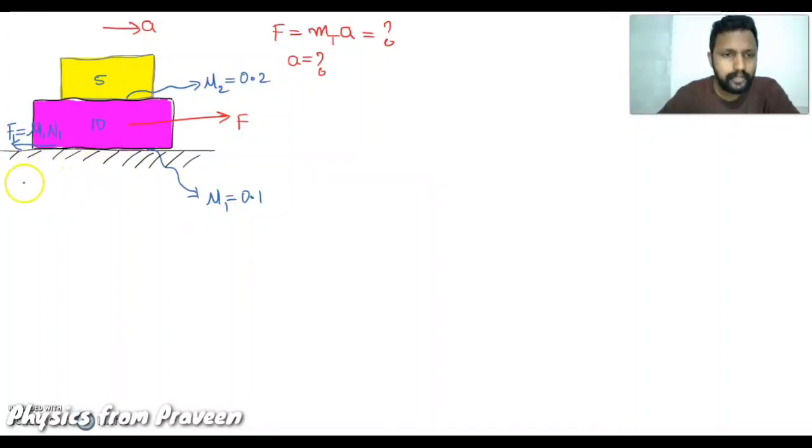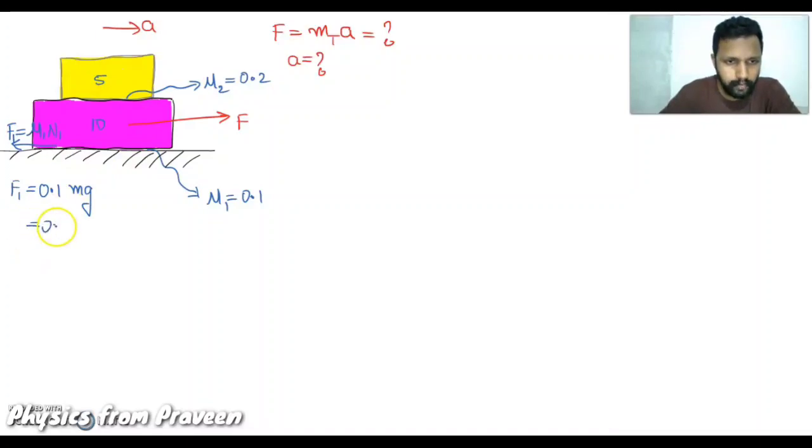Therefore, F1 is equal to mu1, which is 0.1, into N1. N1 will be mg, where m is the total mass. That is, the normal reaction over the surface is due to this combined mass.